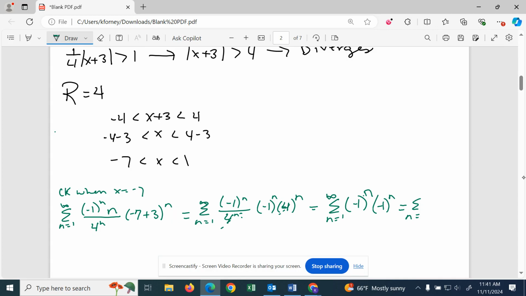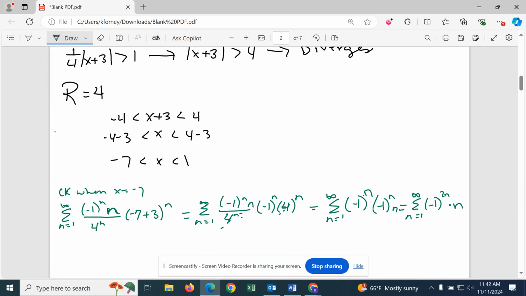Hold on, we lost something. We lost this n. So negative 1 to the n and negative 1 to the n is negative 1 to the 2n, times n, from 1 to infinity.